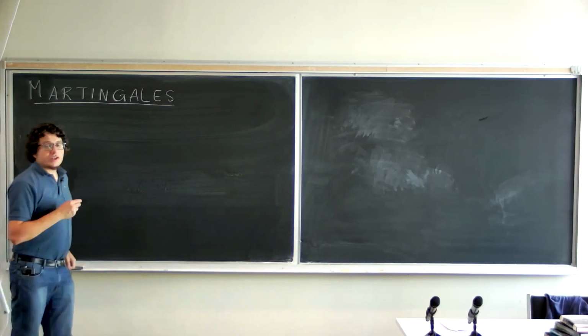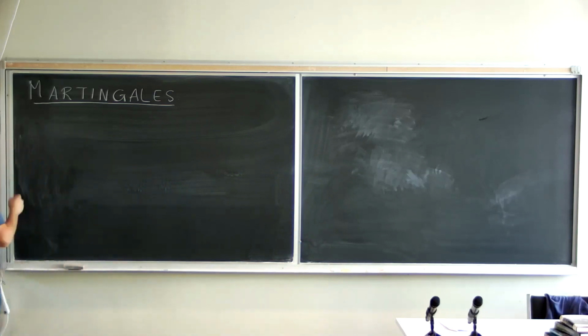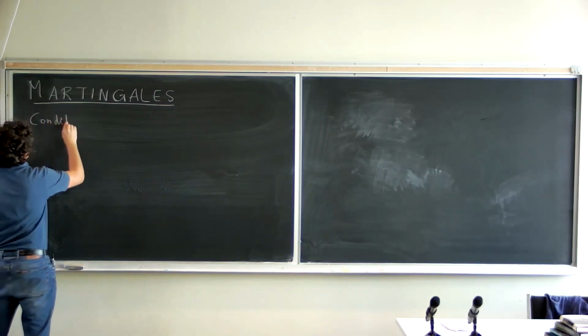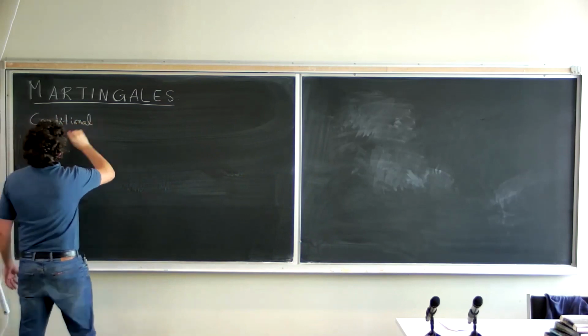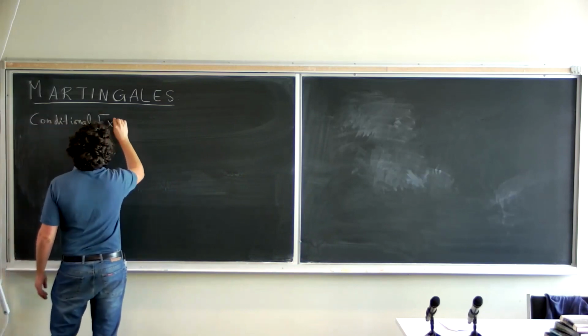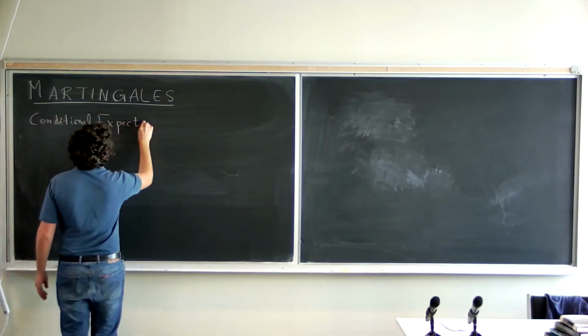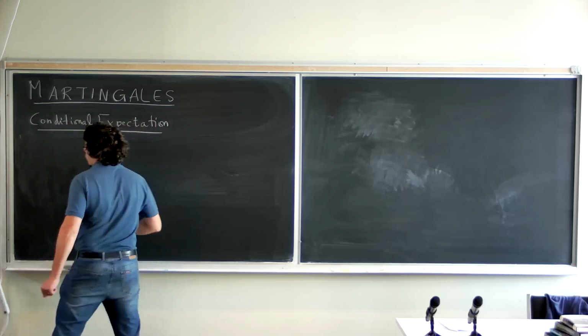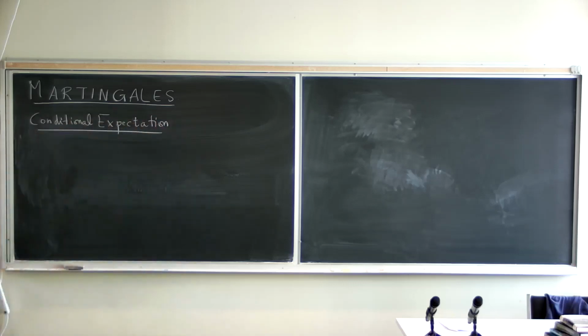So first of all, we have to define a conditional expectation, which you might have studied in your measure theory or probability course already. So let's recall that. In general, what is the notion of conditional expectation?